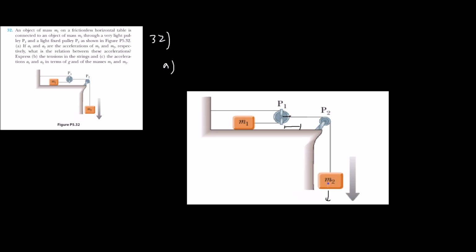Let's draw the forces of the object 2. I'm just going to put it right here. So the forces on the object 2 is going to be the force of gravity, which is m2g, minus the tension, which I'm going to call T2. For the pulley here, I'm just going to call this T2 and T2 there, just to get that out of the way. We don't need to go that far.